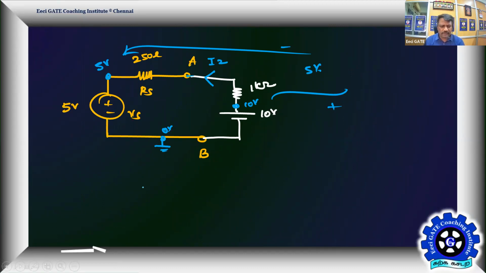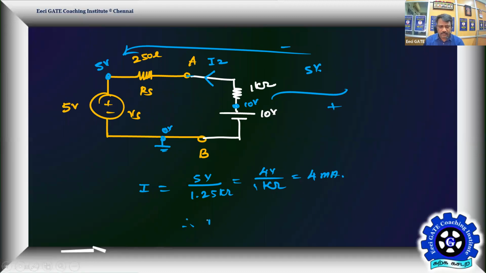The current is equal to 5 volts divided by the net resistance, that is 1250 ohms, 1.25 kilo ohms we can say. So it is nothing but 4 volt per kilo ohm, that is nothing but 4 milliamps.